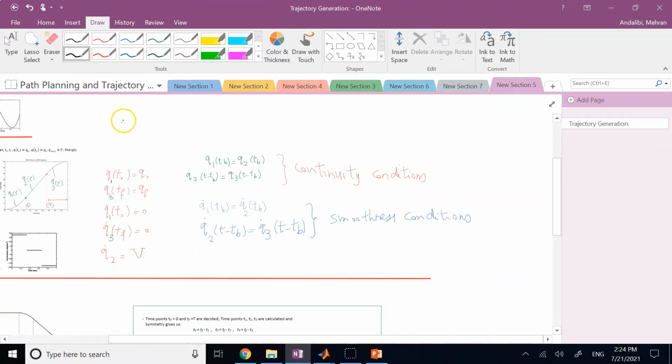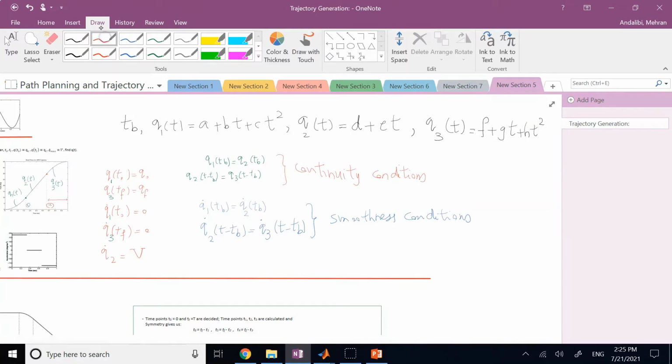So q1 of t, you write it as a1 plus b1t plus c1t squared, and q2 of t, you write it as, let's say, d plus e times t, and your q3 is like f plus g times t plus h times t squared.